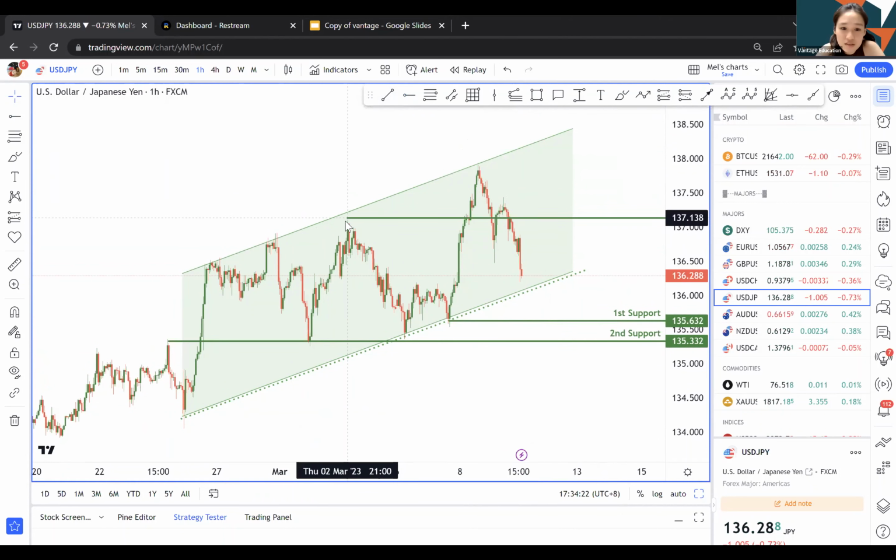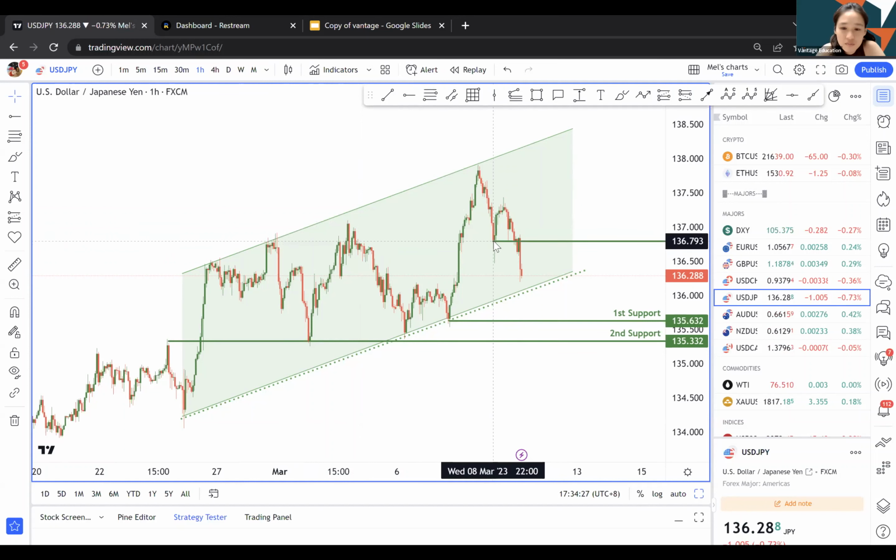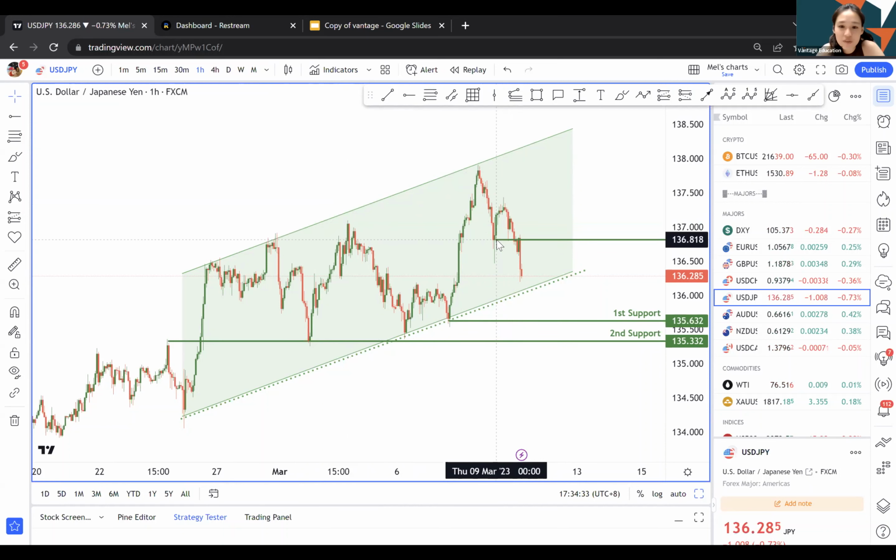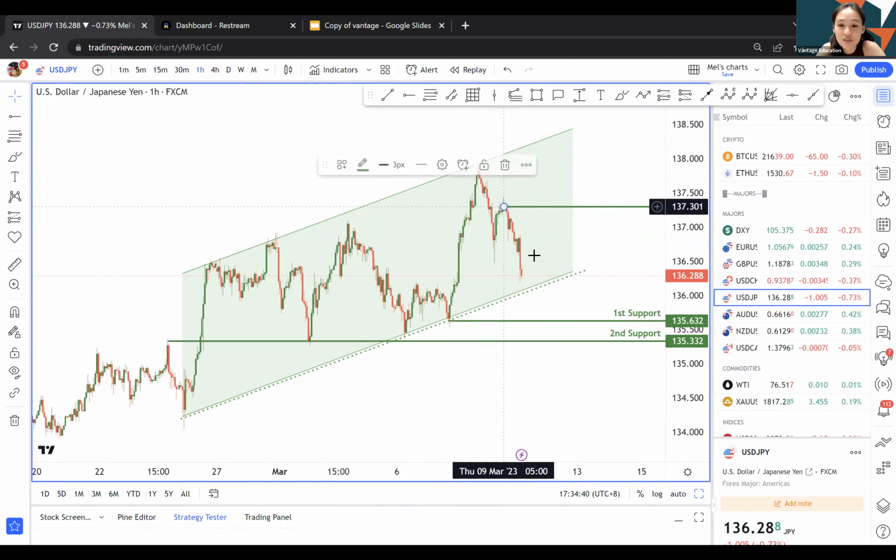Now for resistance, general rule of thumb, if you can't find multiple swing highs or swing lows that line nicely with your level, we'll just find the closest swing high to where price currently is. So it's over here.